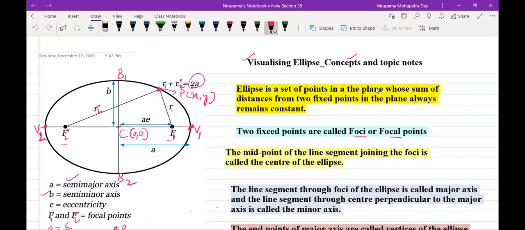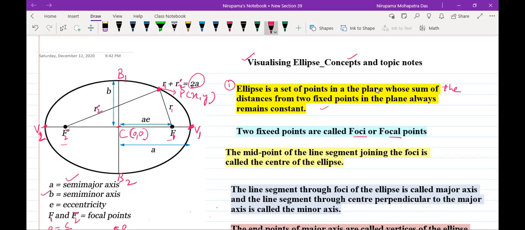Here we are defining the ellipse in two ways. The first one: an ellipse is a set of points in a plane whose sum of the distances from two fixed points in the plane always remains constant. As per this definition, look at the figure.